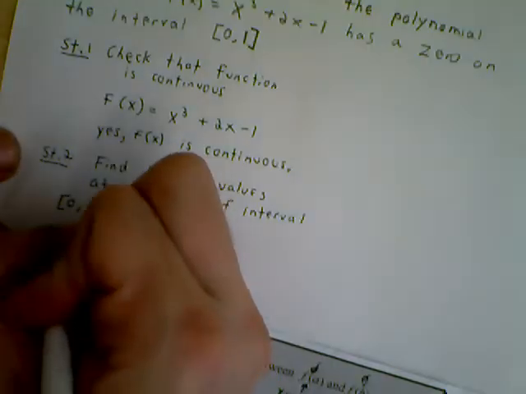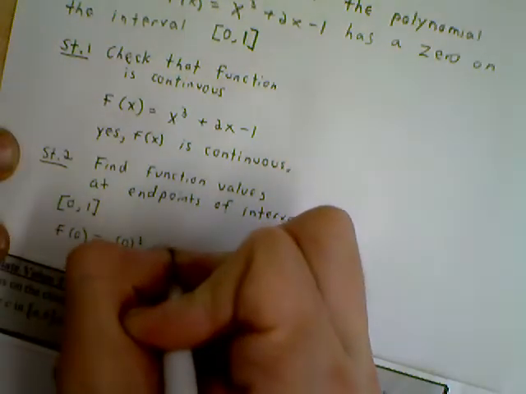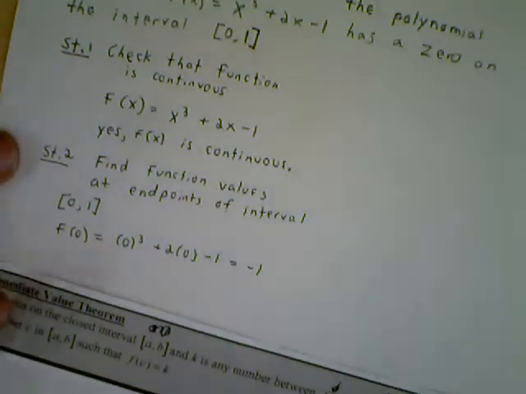So I'm going to go ahead and find f of 0 and plug it in. That's 0 cubed plus 2 times 0 minus 1. That's -1.